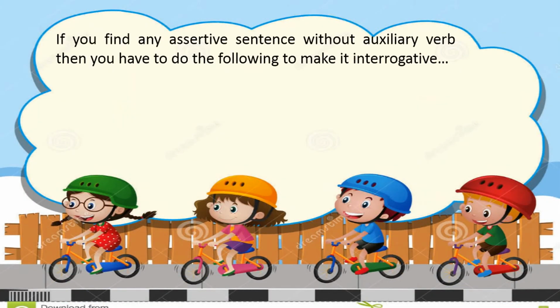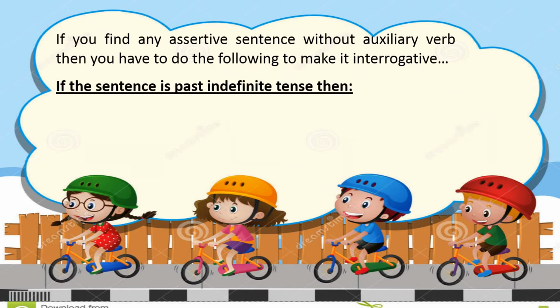If you find any assertive sentence without an auxiliary verb, then you have to do the following to make it negative, then interrogative. But if the sentence is past indefinite tense, in our previous rule we learned about the present indefinite tense. Now it is time to know about the past indefinite tense.